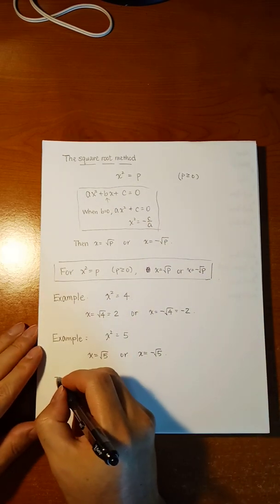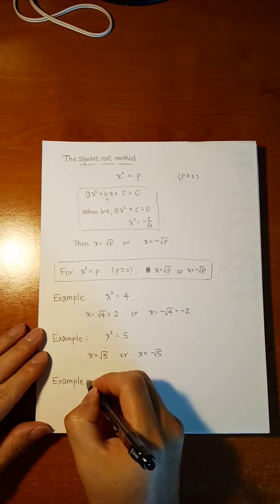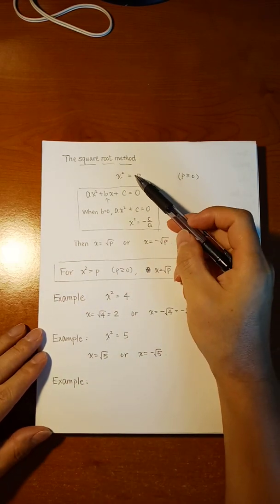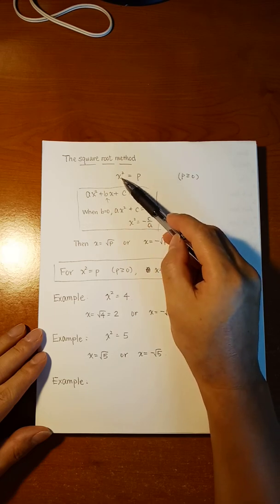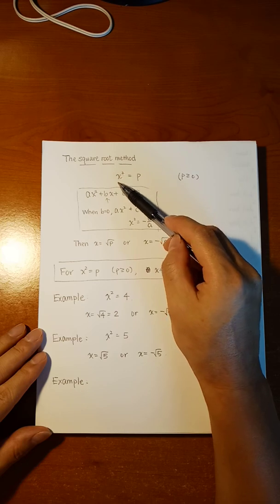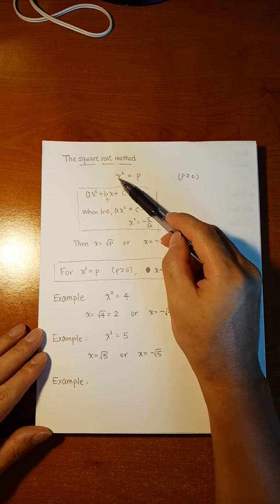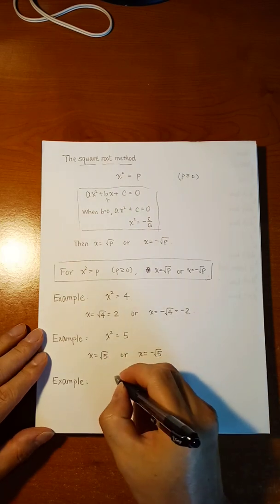Let's make this example even more complex. The advantage of the square root method is that the left-hand side is a square and the right-hand side is a positive number. It's not always true that the left-hand side is x squared. It could be something else squared.